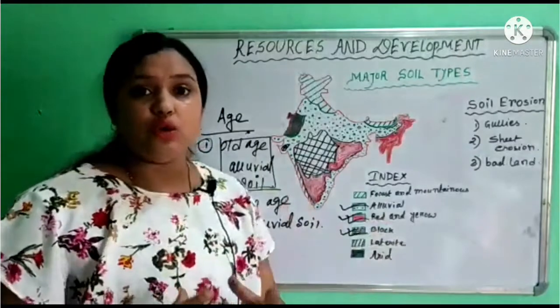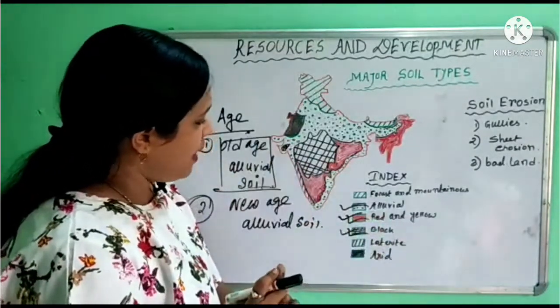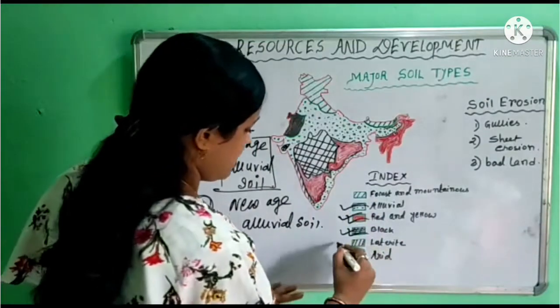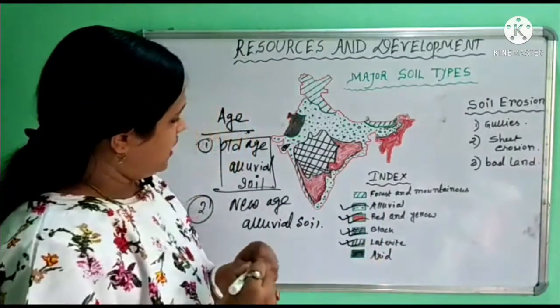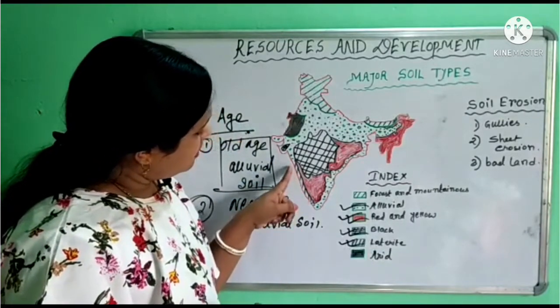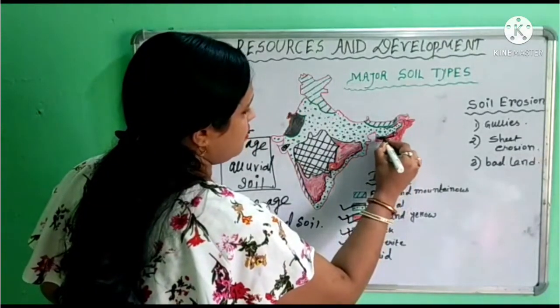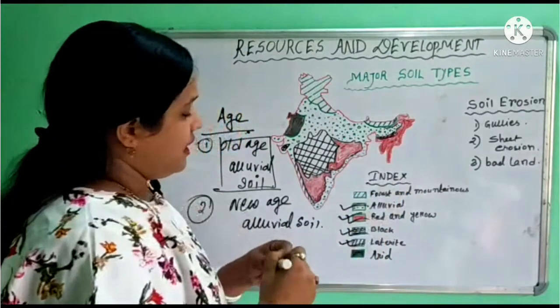Red and yellow soil. Now moving to our next soil type, laterite soil. Here I just mark some shade in this area, and some parts of Assam, where we also find laterite soil.